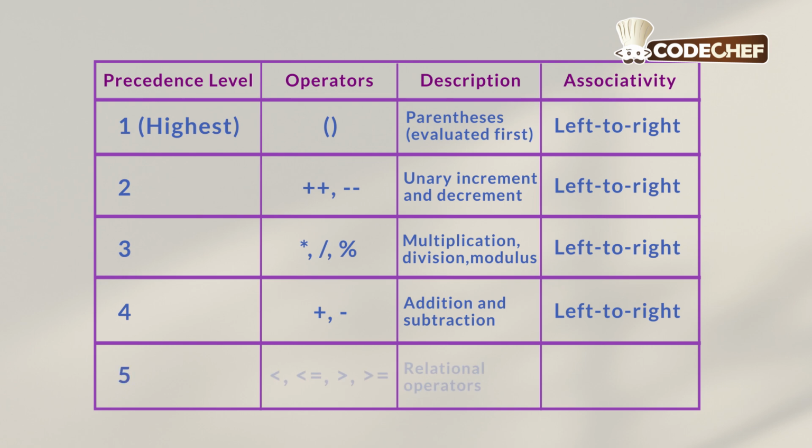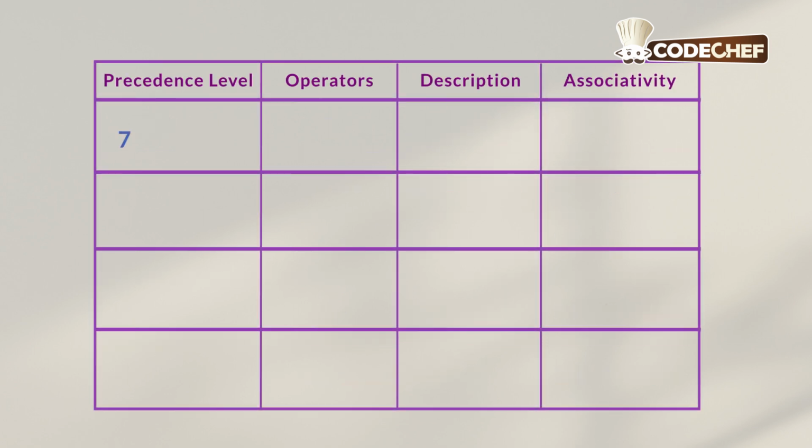Then we have relational operators like less than or equal to, greater than or equal to. Their associativity is also left to right. Then next is equality operators, that means is equal to or not equal to. Their associativity is also left to right.